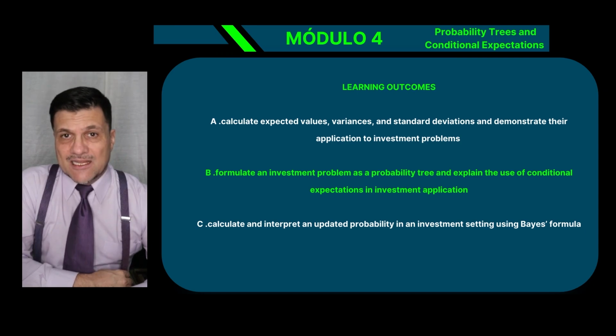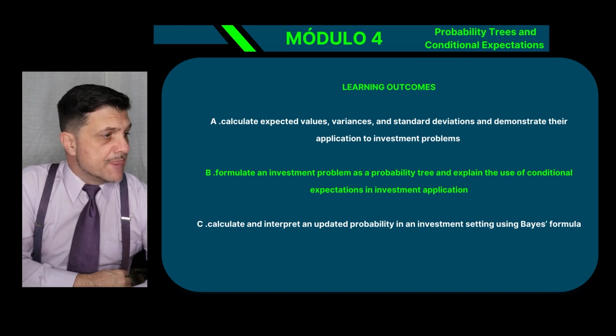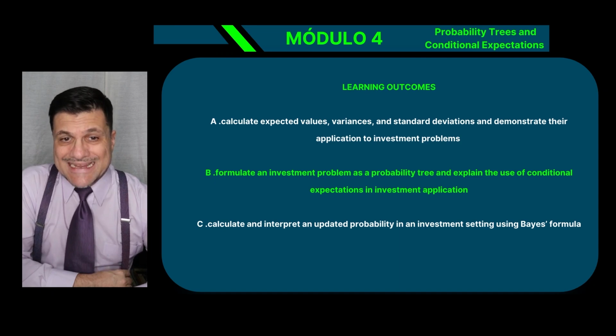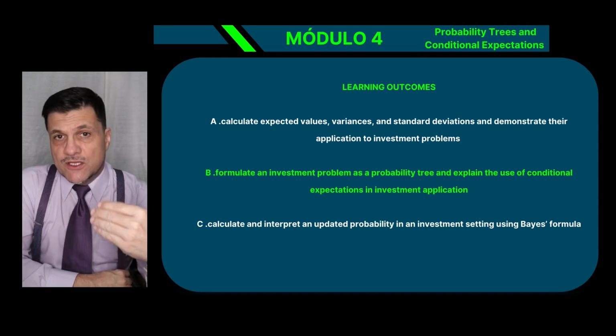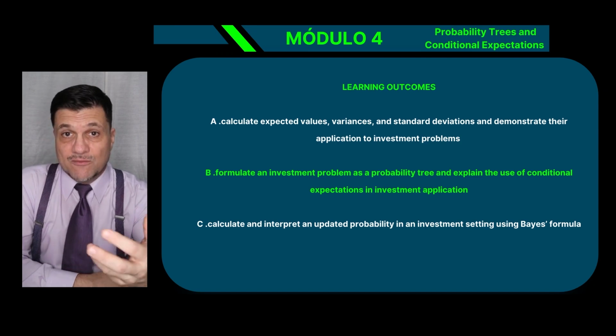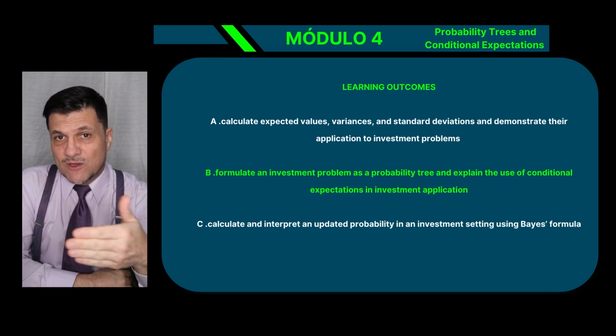The key element for module 4, probability trees and conditional expectation, is to formulate an investment problem as a probability tree, and explain how, using conditional probabilities, you can solve that problem. So it's a very typical problem, the if this then that. If the demand is high, I'm going to sell this much, but if the demand is not high, I'm going to sell that much.